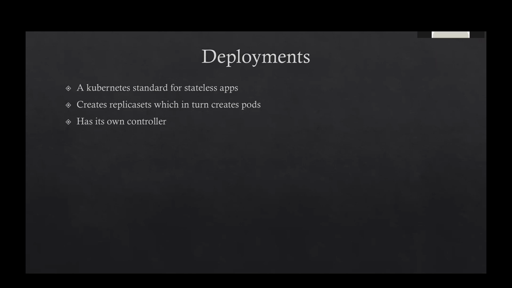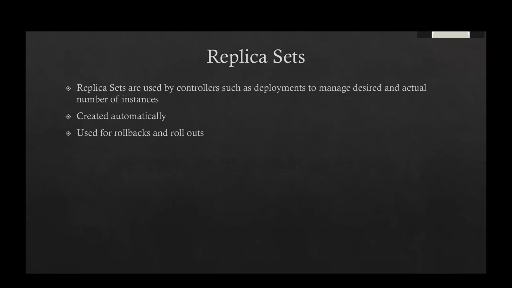No questions? All right. So replica sets are used by controllers such as deployments, where it manages the desired and actual number of instances, right? As we talked about earlier, your desired state and actual state is always maintained by Kubernetes.